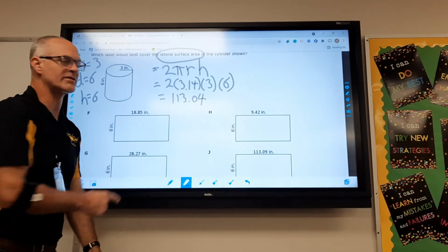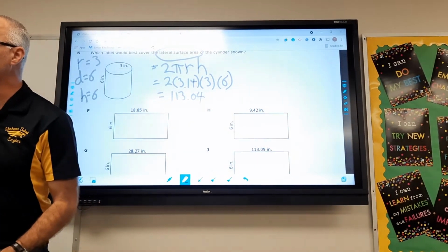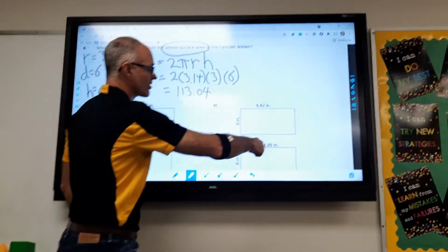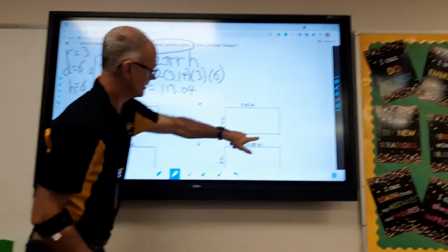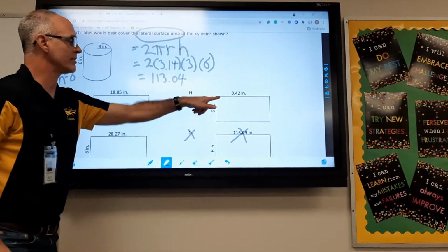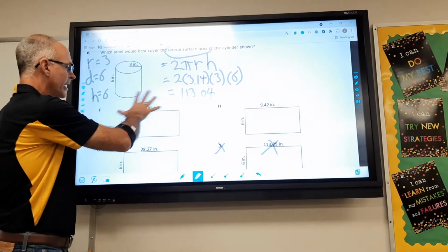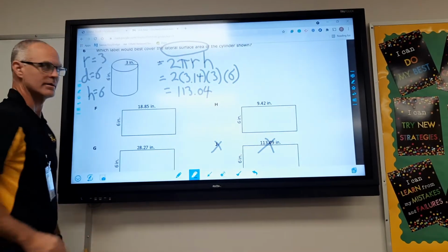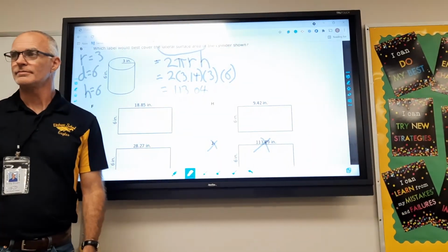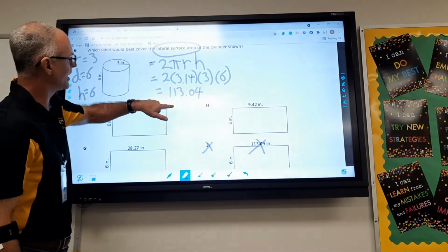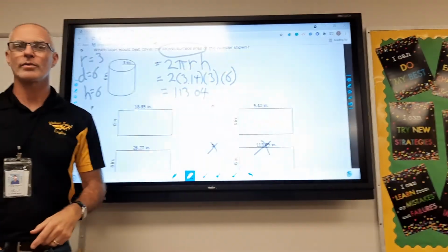Which one of these is going to give you that same area? It's not this one because this is just one side. You want the one that's going to equal that when you find the area. How do you find the area with these shapes? Multiply. Base times height or length times width. Which one will give us 113.04 when you multiply them?